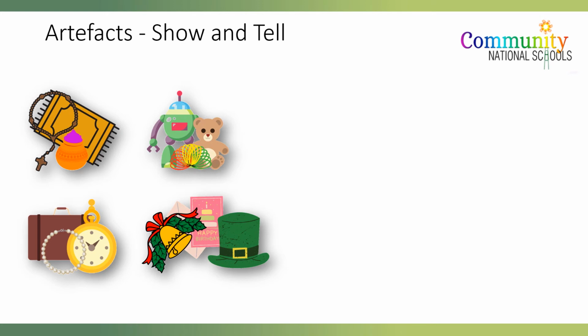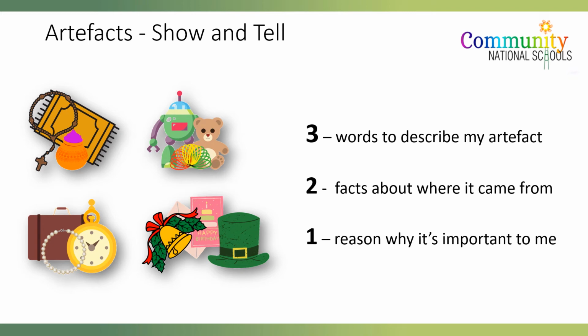At Stage 2, teachers might scaffold children's sharing of their family narrative through a 3-2-1 approach, through which each child might identify 3 words to describe their artifact, 2 facts about where it came from, and 1 reason why it's important to them. Of course, this approach can be adapted to engage children at different stages of the curriculum.